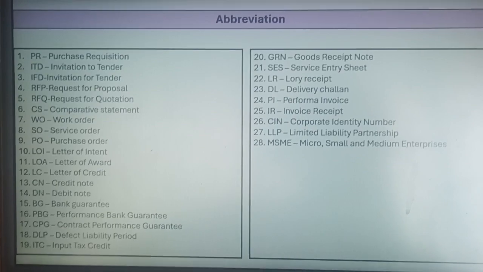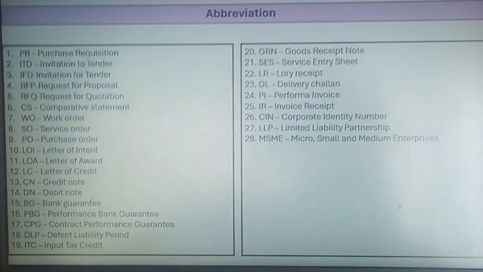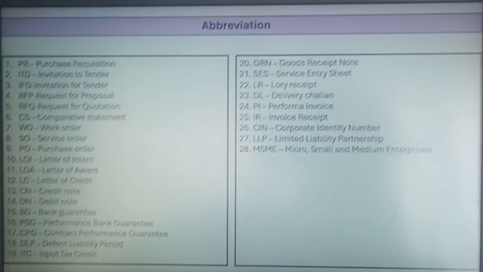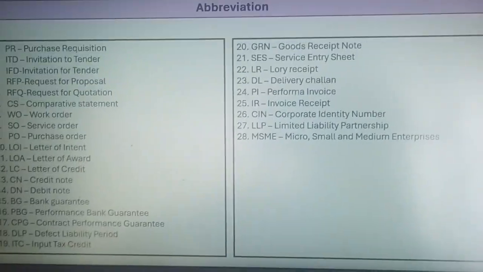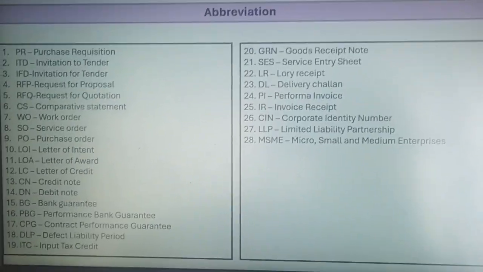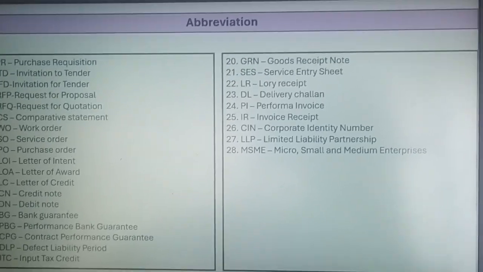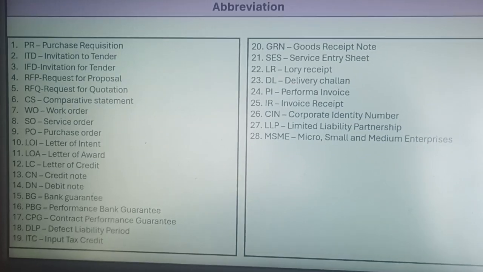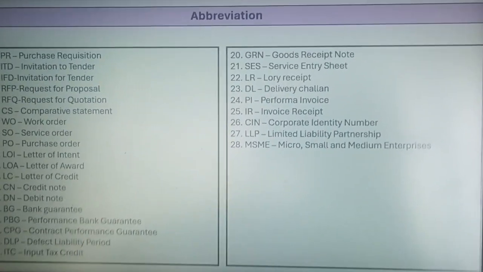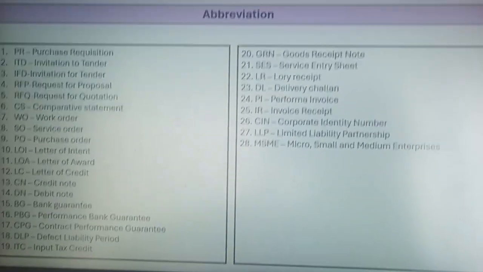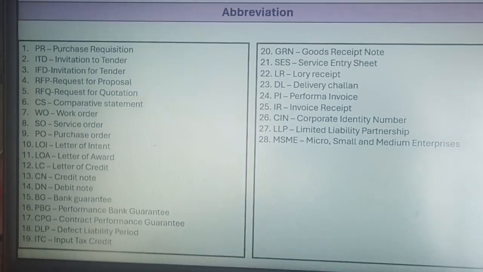If the seller is not approved by the MSME, then there might be a risk in giving them the order and getting the material, because there is no guarantee it is given as per our standards or Indian standards. So MSME is a must-have point for any organization.